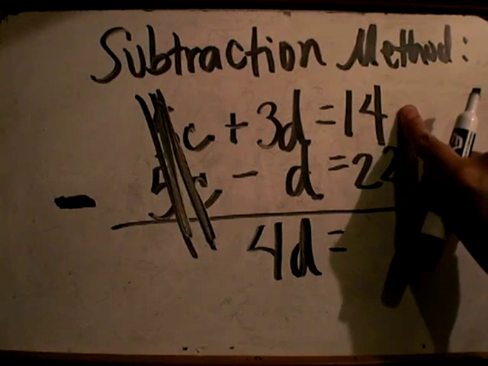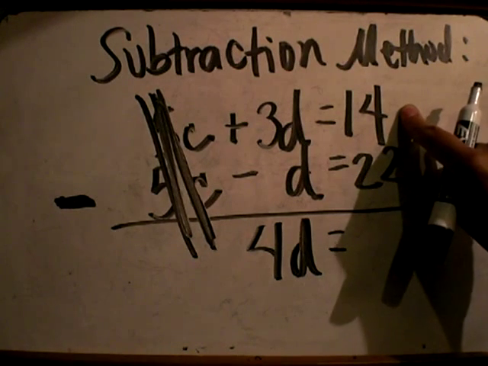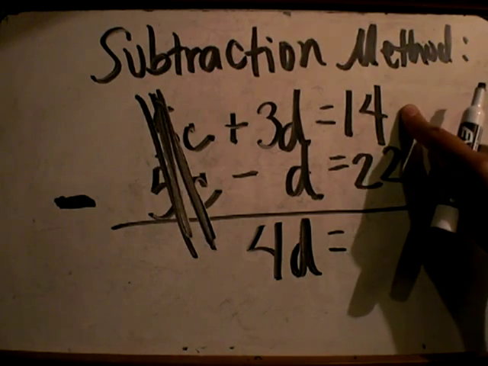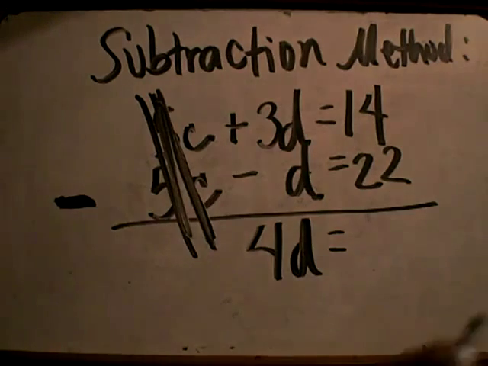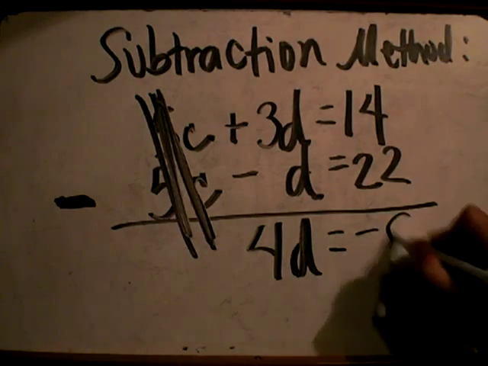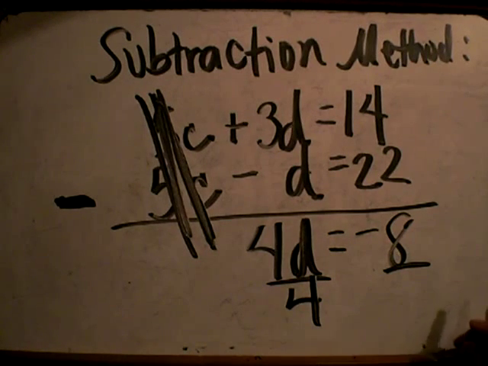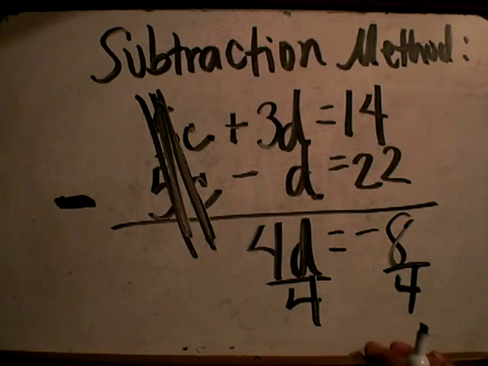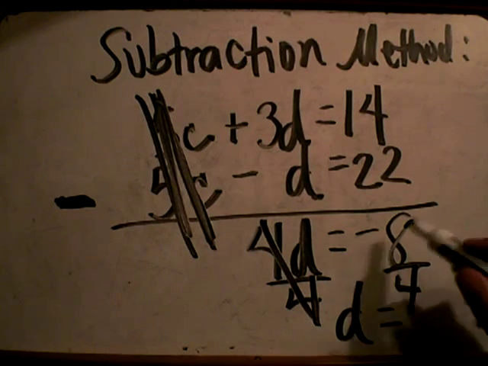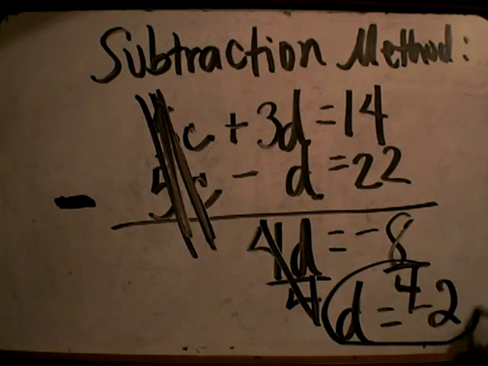And then 14 minus 22 equals negative 8. Now we've got to get d by itself, so we divide by 4 on both sides. So d equals negative 2.